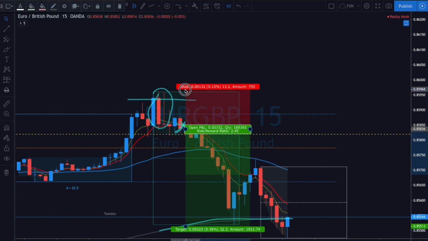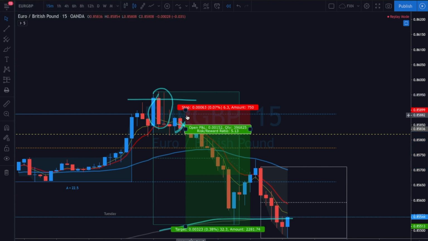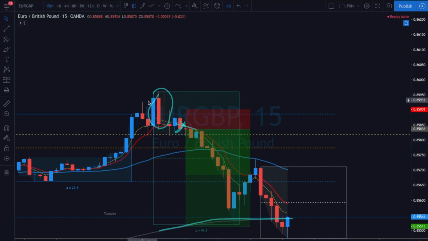Now, granted, you could have risked a lot less. Okay, you could have gone something like this, 6 pips. Now why could you have done this? Because essentially, if you think that this is going to be the high of the day, then there's a very high likelihood, right, that they're not coming back, because they already have enough people trapped.